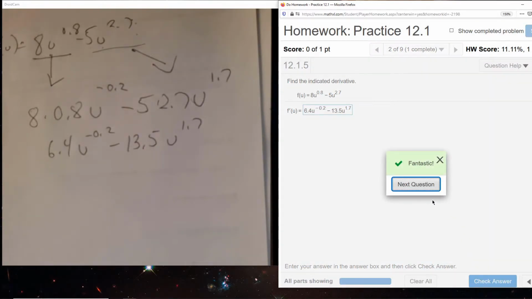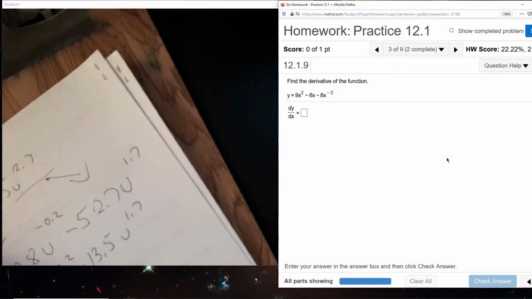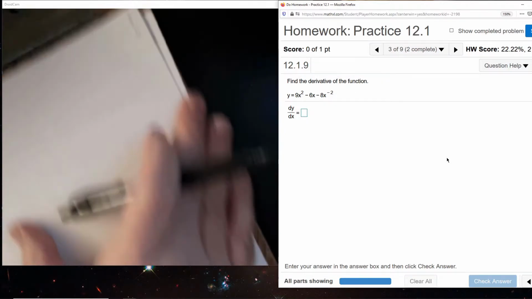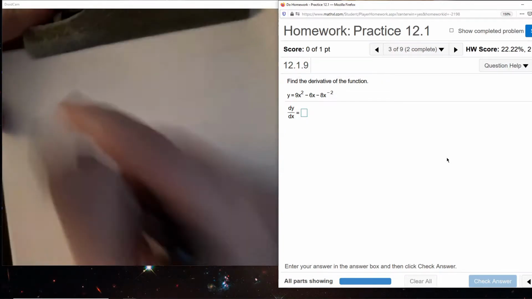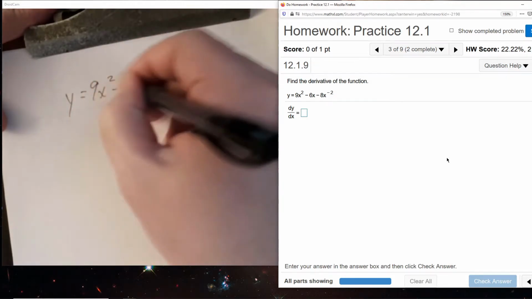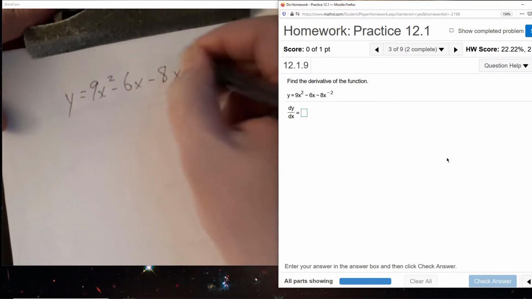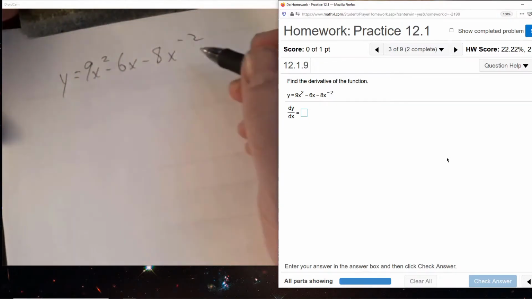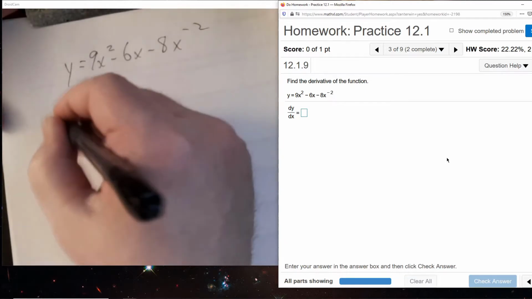And check out the next one. So we're going to take the derivative of both sides.